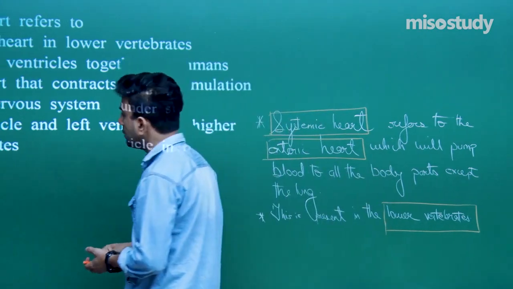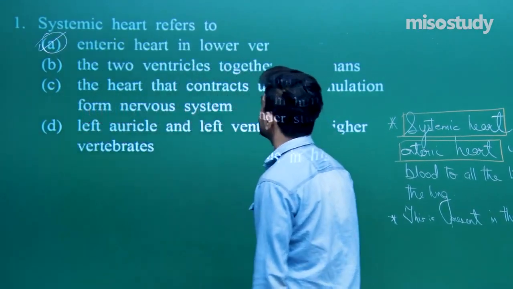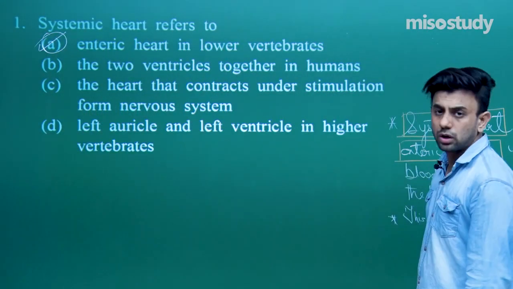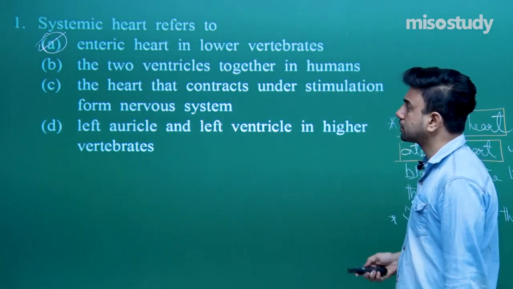So that's what we mean when we say that the systemic heart refers to the enteric heart in the lower vertebrates, right? Let's move on to the next question.